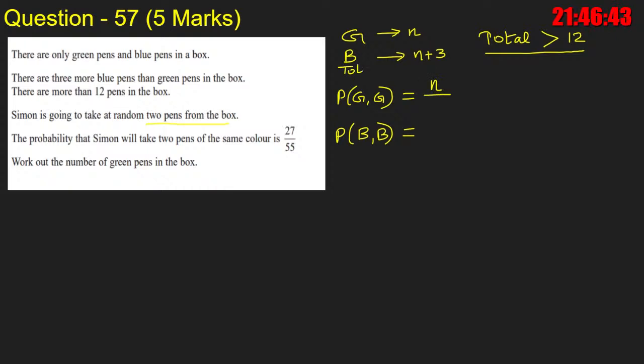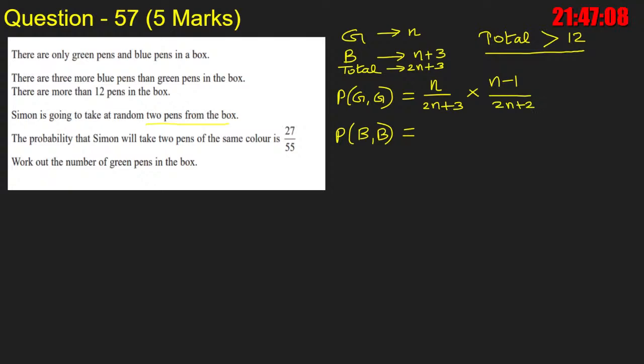I forgot to write the total. So total is 2n plus 3. So n green over 2n plus 3 times n minus 1 over, take away 1, 2n plus 2.